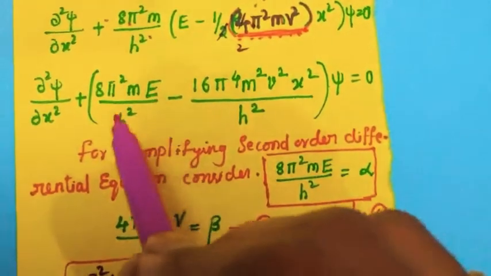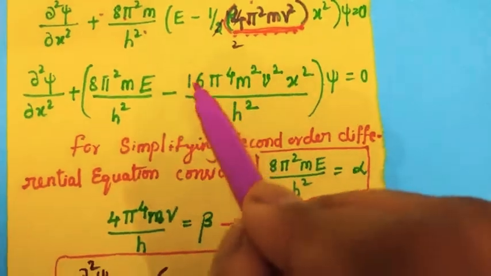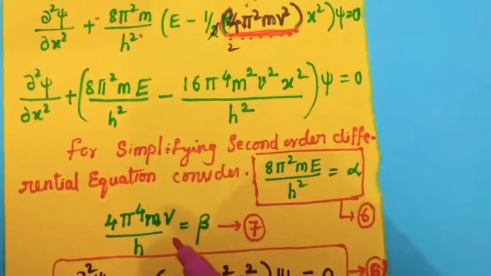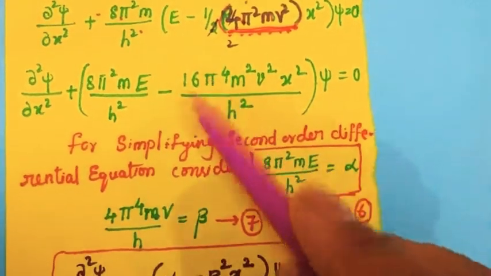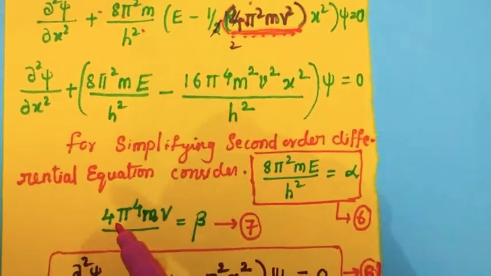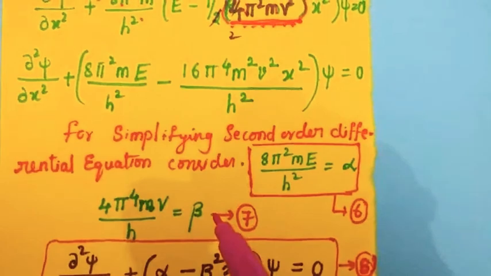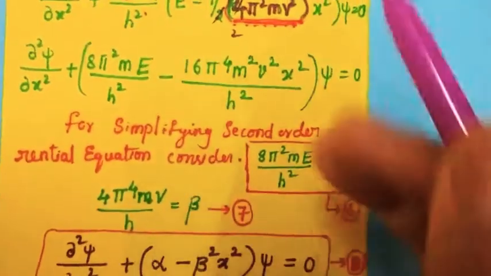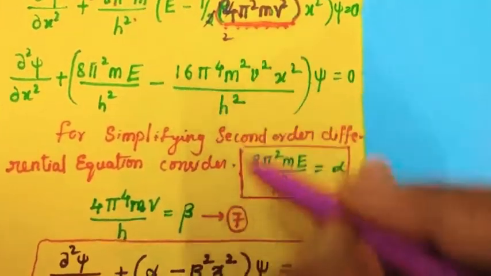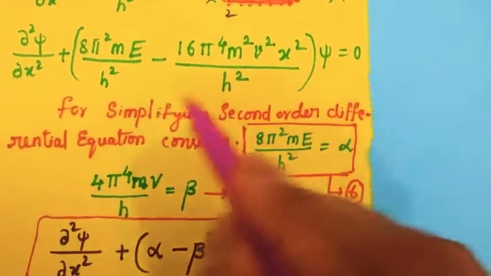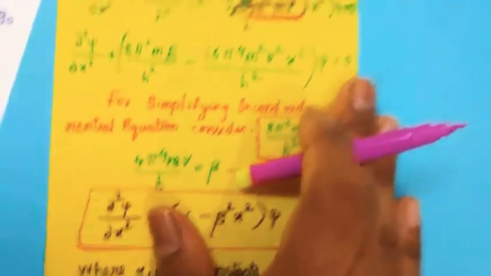So you can replace the entire term with alpha and this entire term with, rather than 16, here we have to notice that 4 pi to the power of 4 m nu can be considered as beta. So you can also write the entire term, we can replace it as beta square, and this can be replaced as alpha, right?